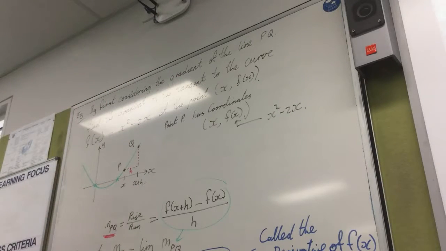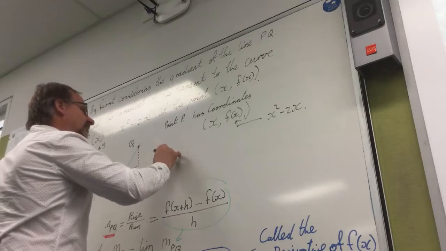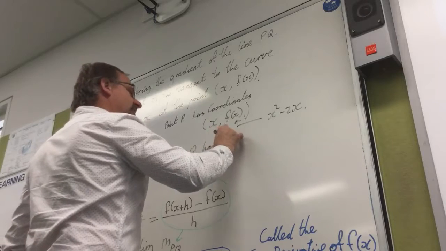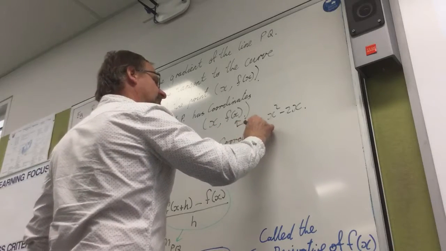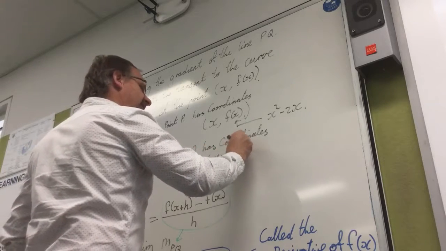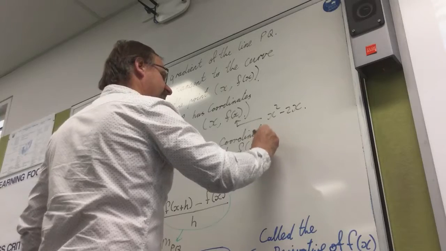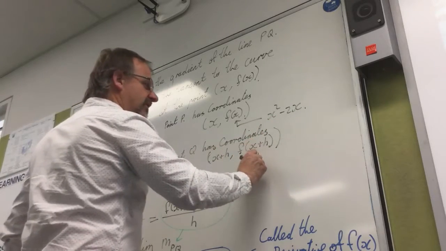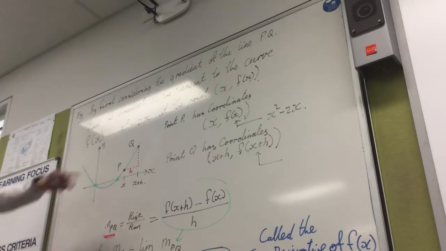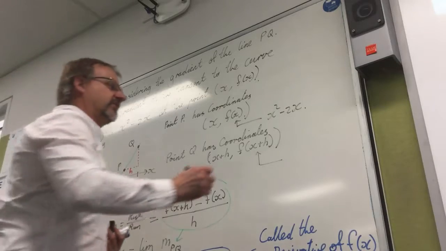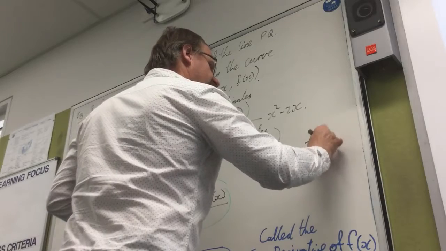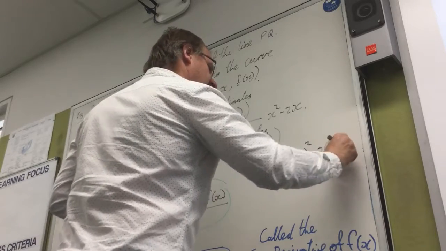So that's our point P. Our point Q has coordinates x plus h and f of x plus h. What that actually means is to put x plus h in our x squared minus 2x, so we have (x plus h) squared minus 2 times (x plus h).